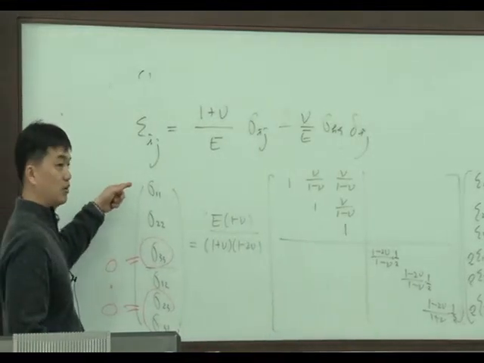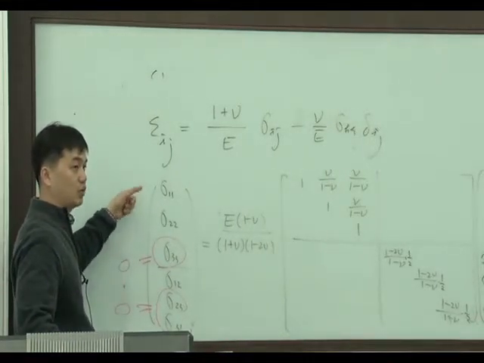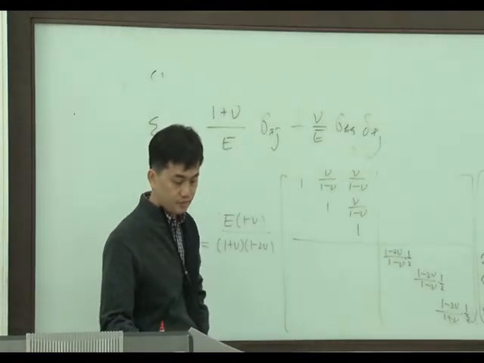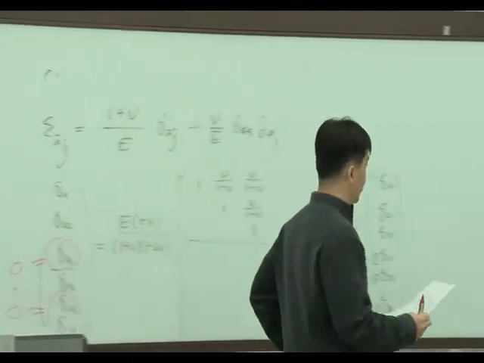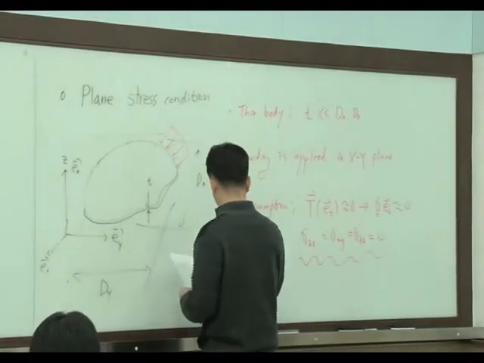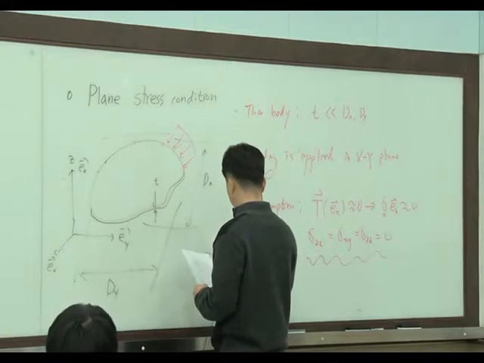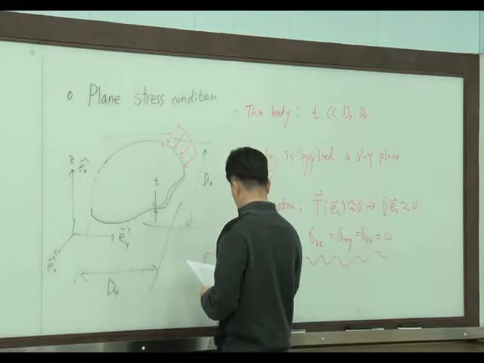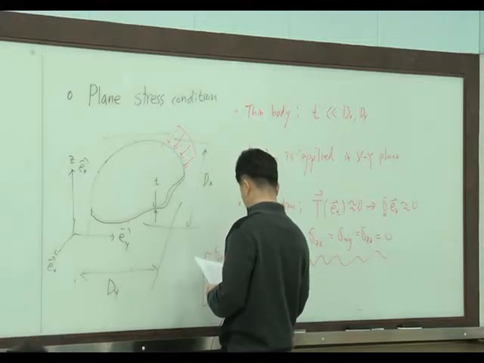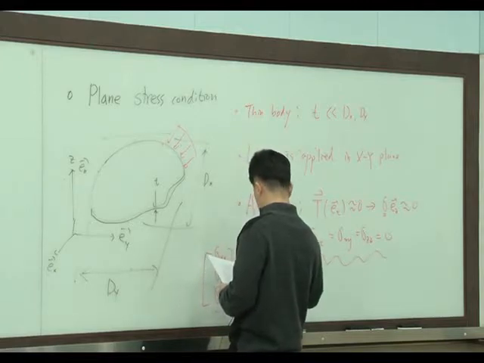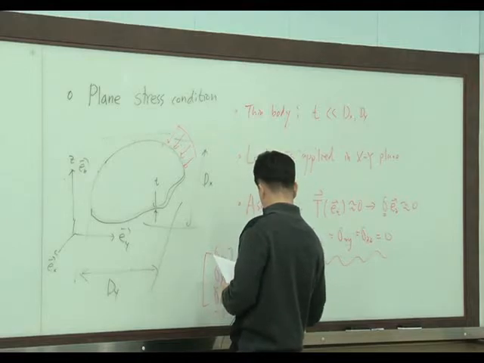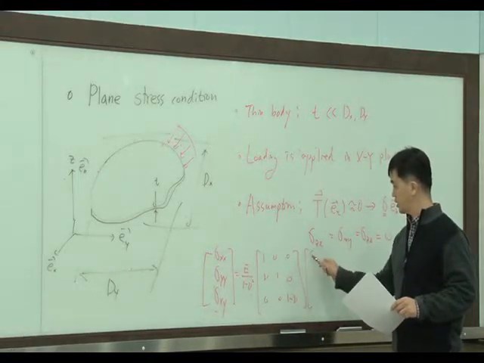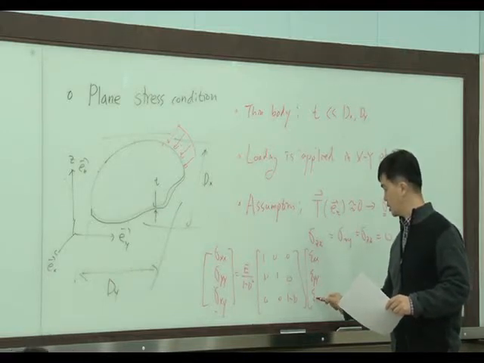So we only consider 2 in-plane normal stresses and 1 in-plane shear stress. Then the material law becomes simpler because we don't need to consider 3 stress components: xx, yy, xy, and here strain xx, yy, xy.